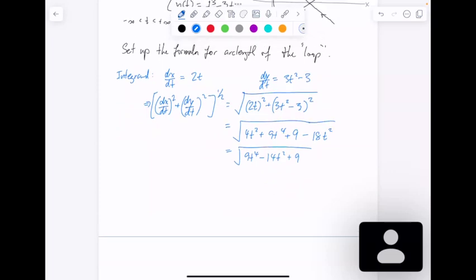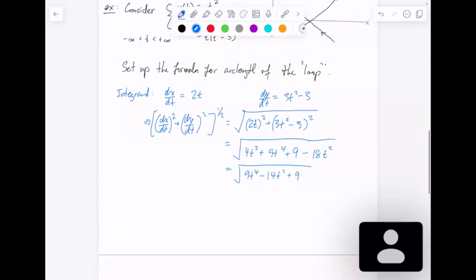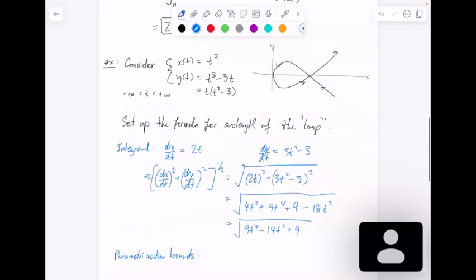So the integrand's not too bad, but what are the bounds of the parameterization? Anyone in chat want to suggest a strategy for how we might get the bounds for just one loop of this? Right. So, if you look at what the parameterization is doing, the path it traces out crosses itself at this point, which means that there are two distinct times at which I hit this point, right?